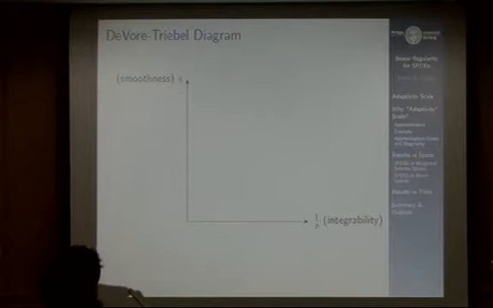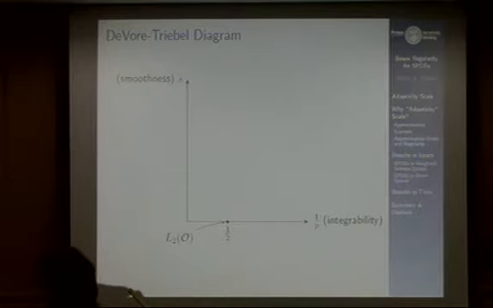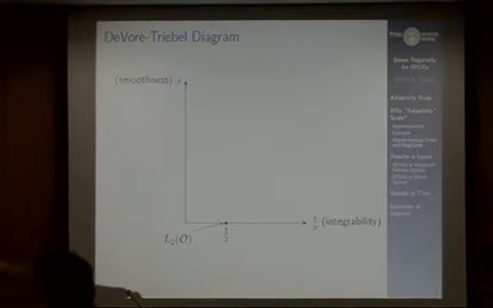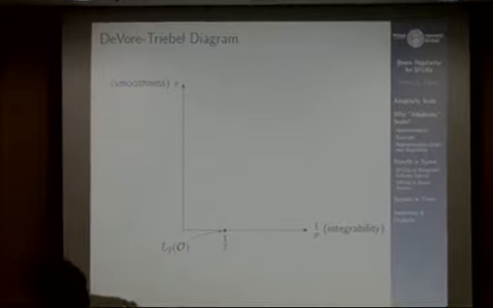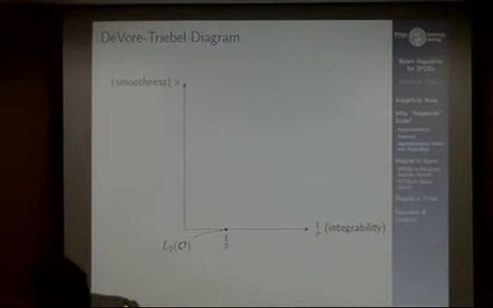Each point in this diagram represents a function space on our domain. On the x-axis we have the reciprocal of the integrability parameter, so that this point here represents just the L2 space, for example. All the spaces above this space are function spaces, subspaces of L2, and we categorize them by smoothness, meaning by differentiability.